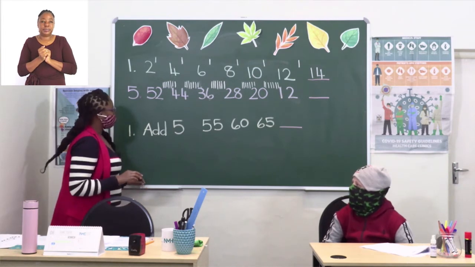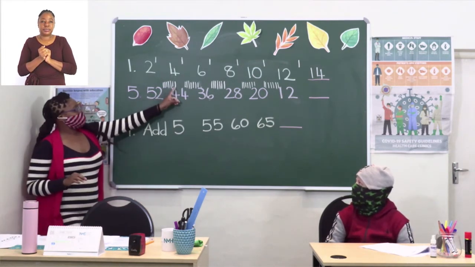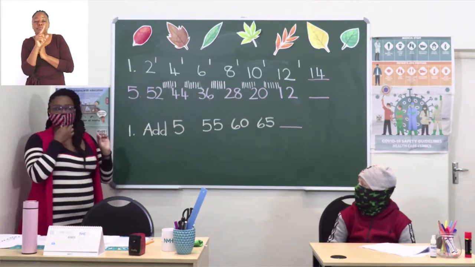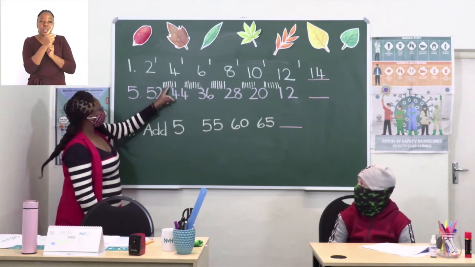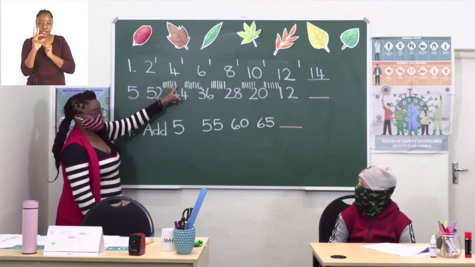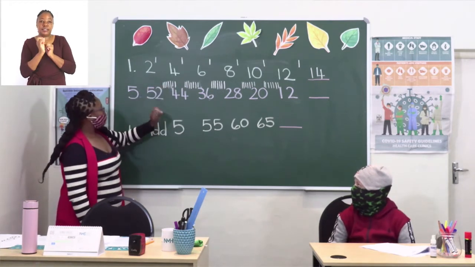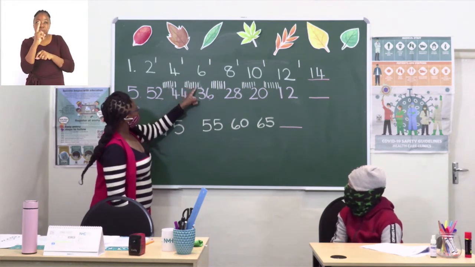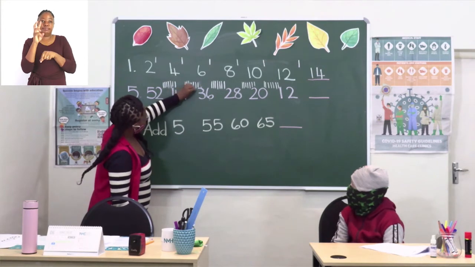Let me take a different colored chalk. We are going to count what is in between and put a little total in between the number. So here we have 1, 2, 3, 4, 5, 6, 7 sticks. So we have 7 here. Then 1, 2, 3, 4, 5, 6, 7 sticks. So we have another 7 here.